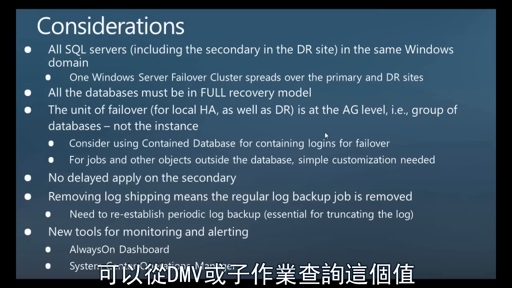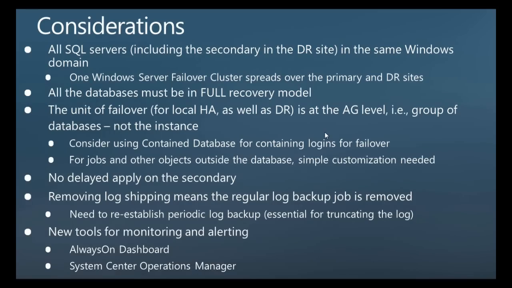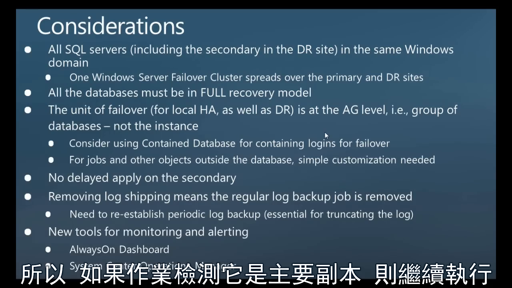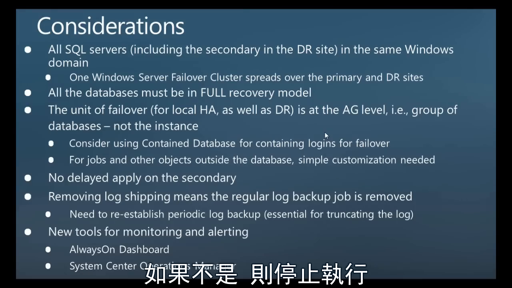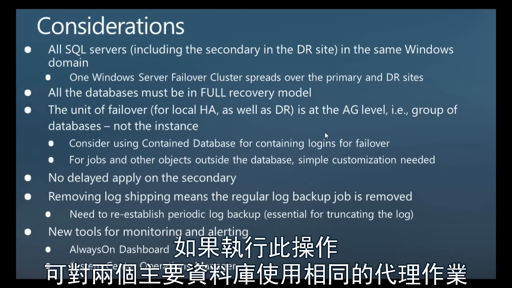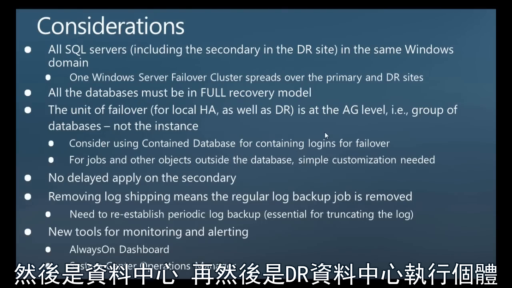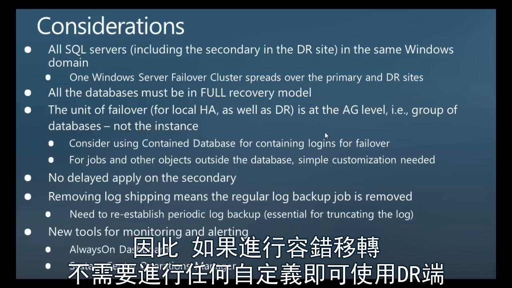You can retrieve this value from DMV or stored proc. So if the job detects this is the primary, then it runs. If it's not, it stops. If you do that, then you can deploy the same agent jobs on both your primary data center and your DR data center instance. So should a failover happen, you don't need to do any customization to make the DR side work.